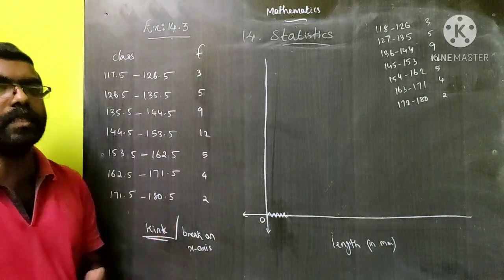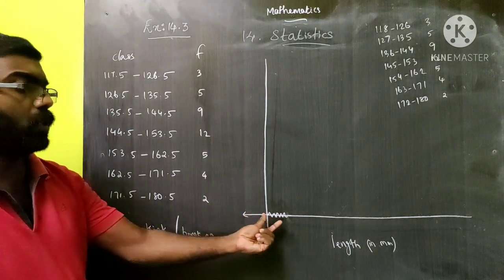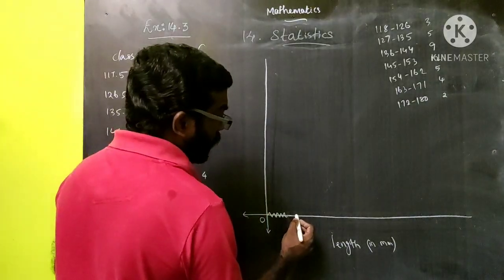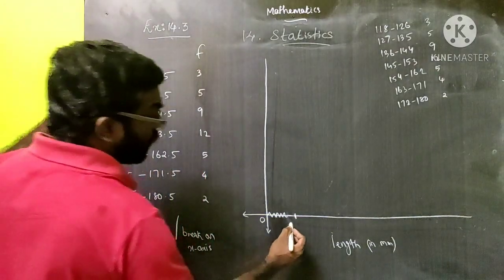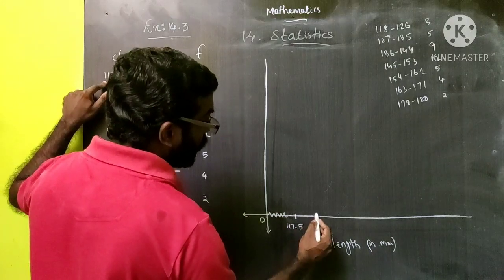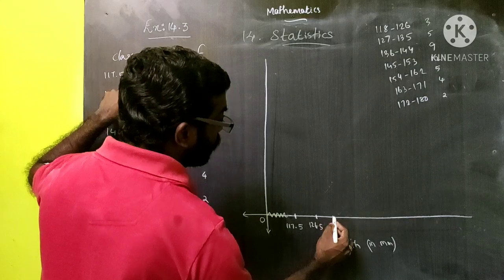Because the first class interval doesn't start with 0, to denote that, we draw this kink. From the next point onwards, we can mark the numbers. First one 117.5. Then next 126.5.